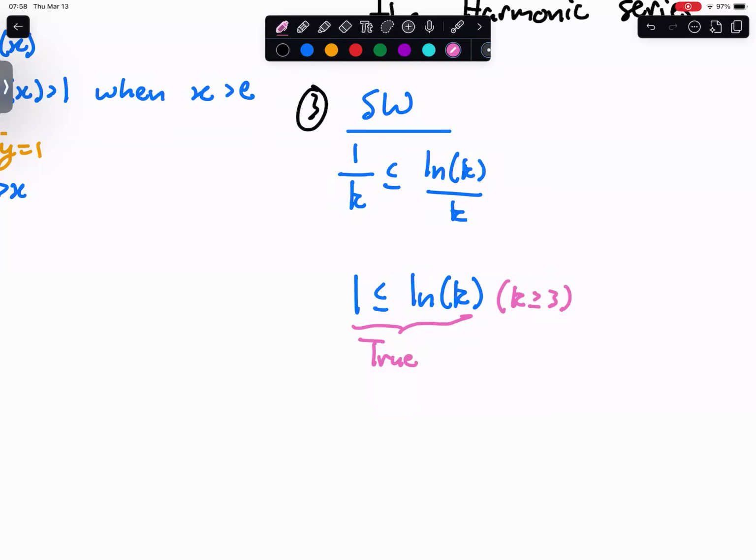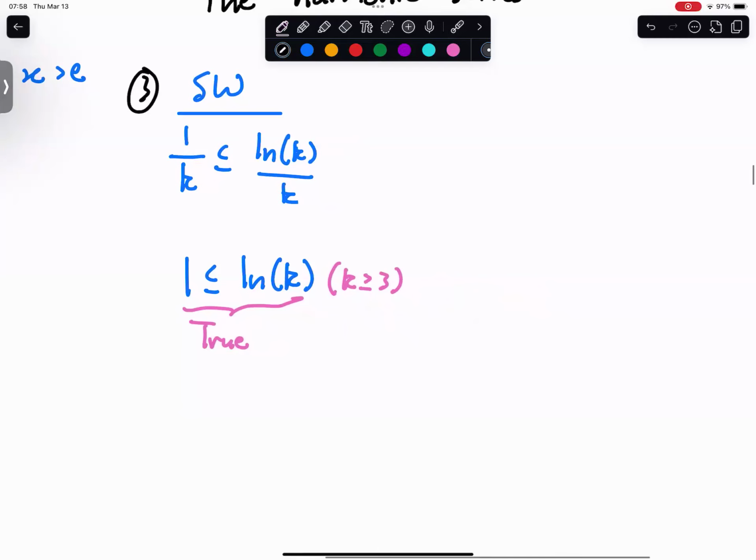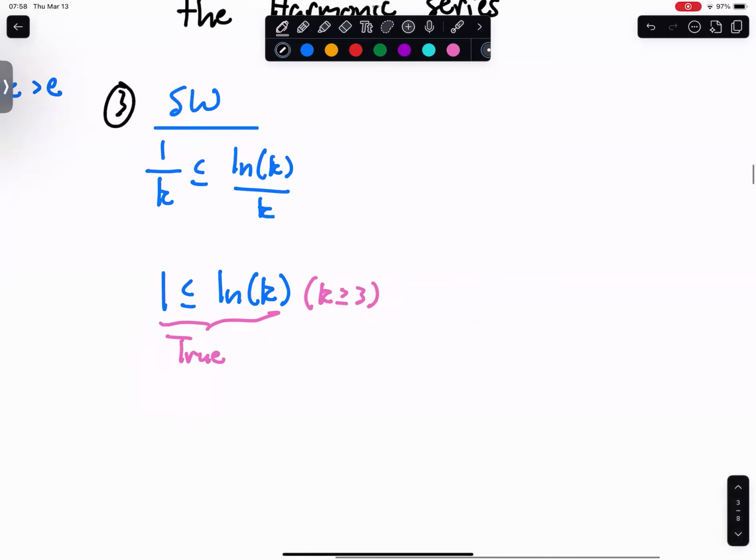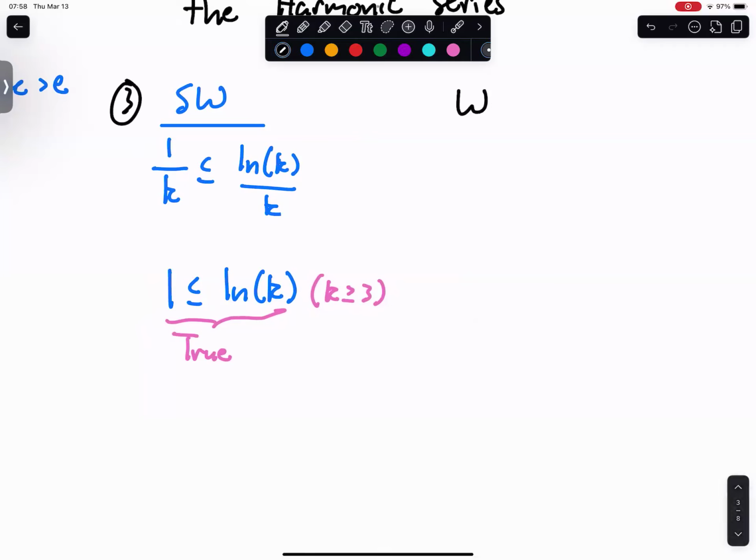I have a point where I know this is true. So let's go ahead and go backwards for my actual work to show the inequality is true. I'm going to start from 1 less than or equal to the natural log of k.